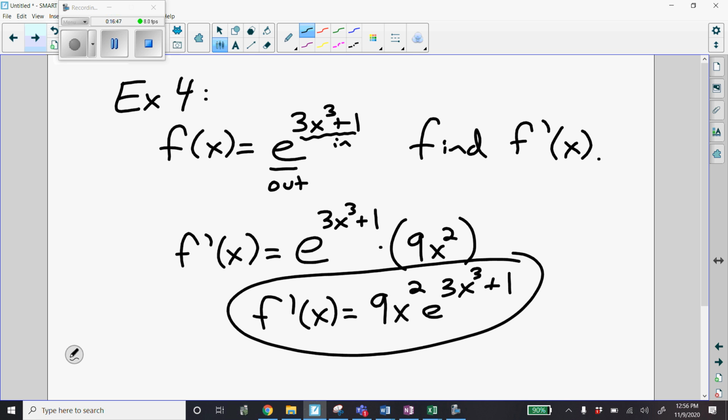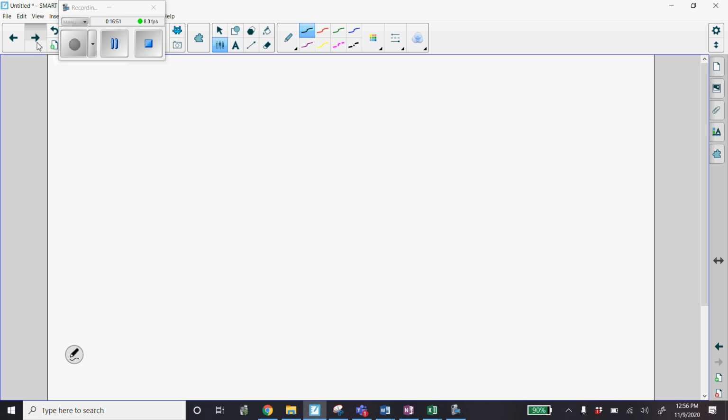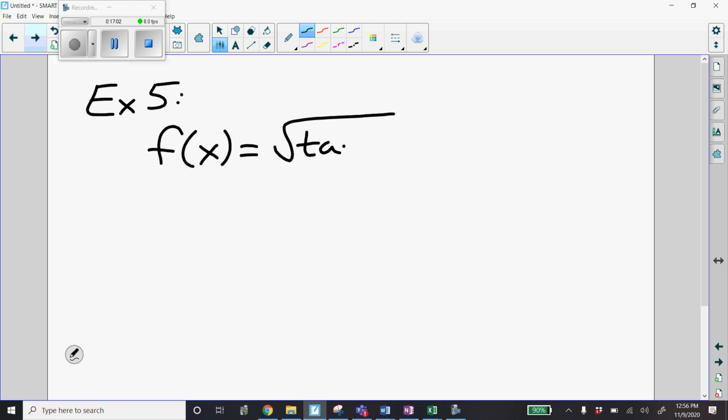Okay. Let me show you another example. So here I see a function, right? What's the inside here? What's the outside?